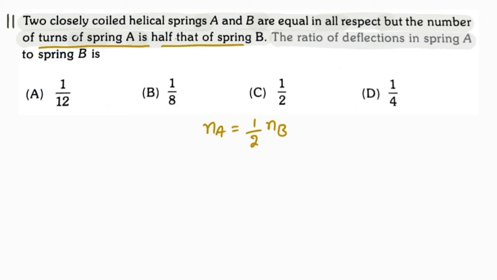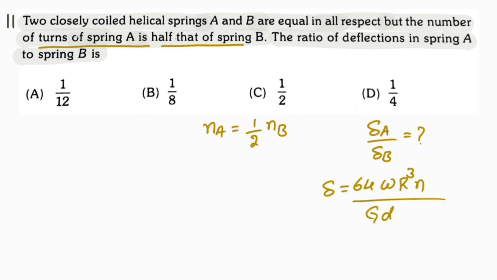The ratio of deflections in spring A to spring B. That means indirectly you are asked to find deflection of A by deflection of spring B. But what is the deflection? Deflection delta equal to 64 W R cube N by G D power 4.